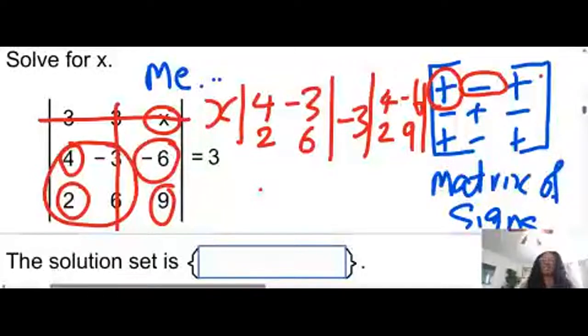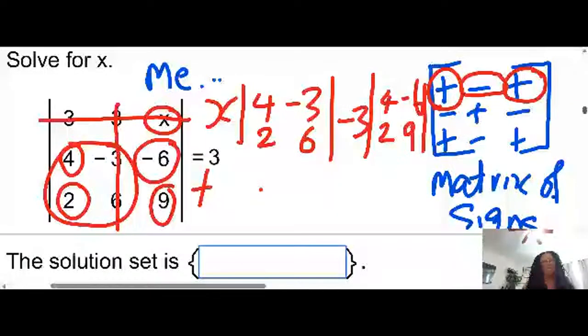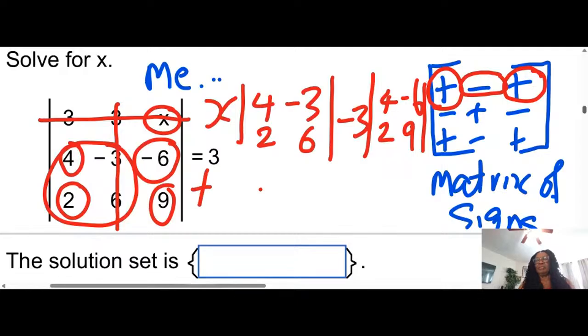The third sign says plus, so I'm going to write it here. Plus, and I am using number 3. It doesn't really matter where I started from. I can start from x, because x is still plus here.